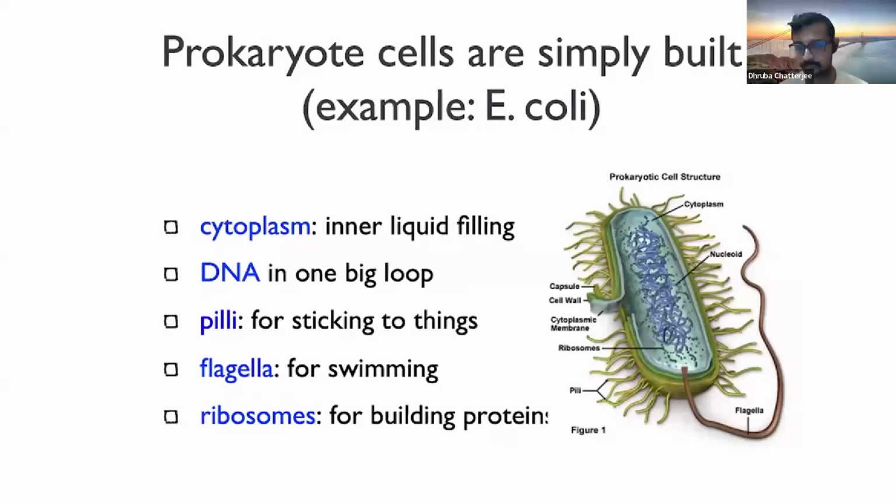Now, within this cell membrane, the bacterium primarily has two compartments. One is the cytoplasm and the other is the nucleoid. There are no other membrane-bound organelles or subcellular compartments apart from this nucleoid and cytoplasm.